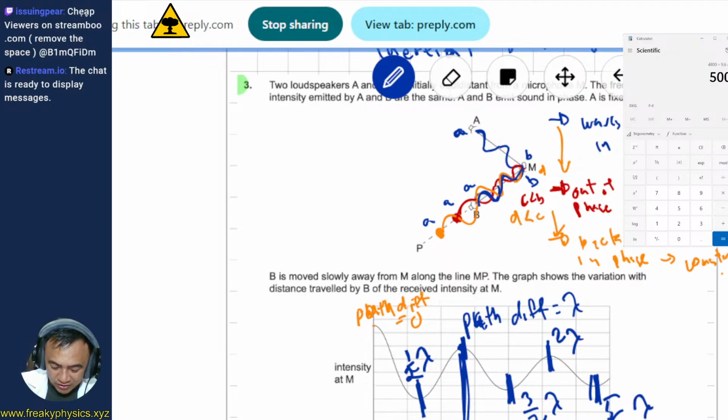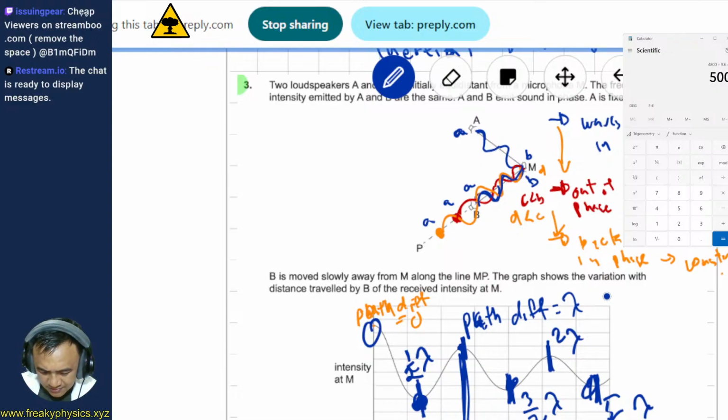You can always use any 2 points, as long as you know what the path difference is. If we use these 2 points, the path difference is still lambda.